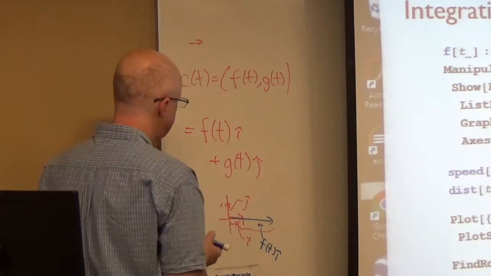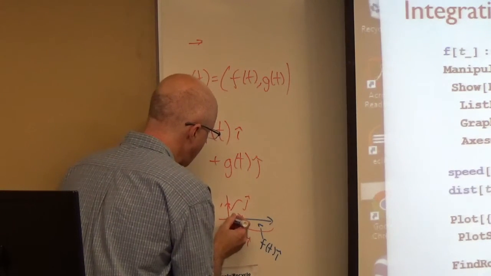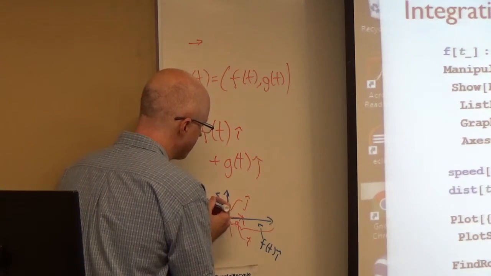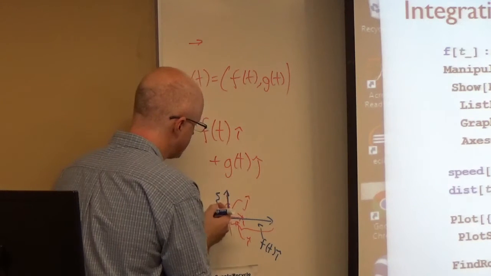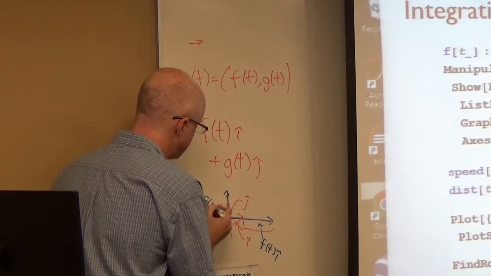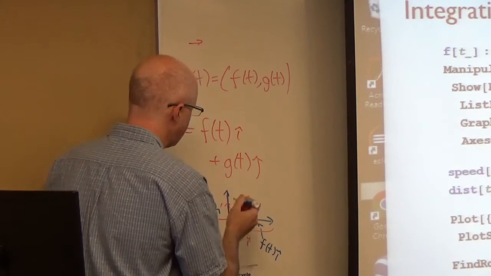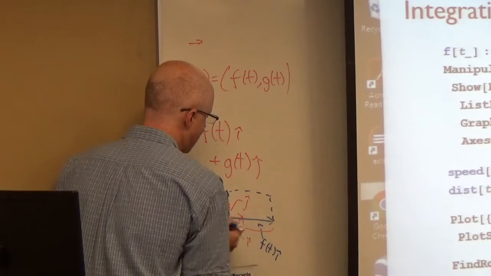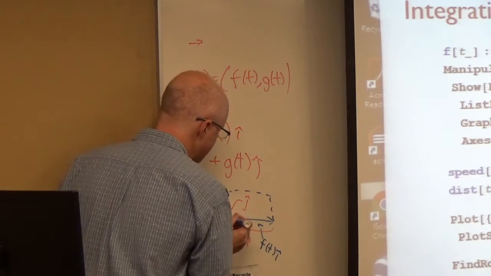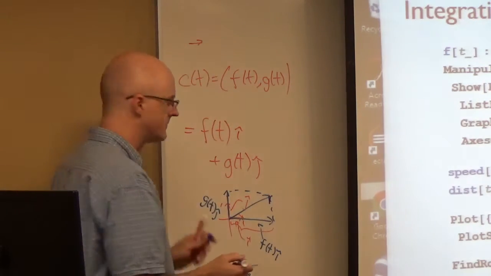And if g of t is positive and in fact bigger than 1, it gets multiplied by j hat. You're scaling j hat up by a factor of g of t. The length there is g of t, but the vector itself is called g of t times j hat. And by adding them, essentially you are creating a rectangle that looks like this. And this c of t as a vector, as an arrow, starts at the origin and points to that other side of the rectangle.